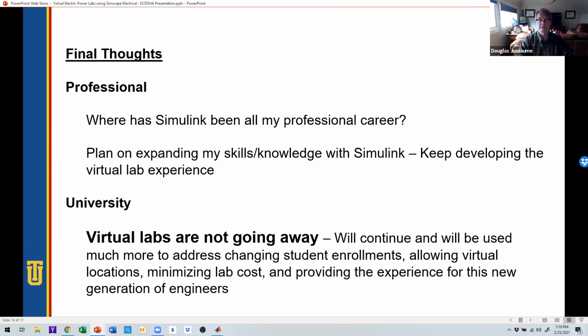It's been fascinating to see what can be done with Simulink, and I'm still very curious to see what other things I would like and can achieve. So I plan on continuing to expand my skills and knowledge with Simulink and working to develop a virtual lab experience. From a university standpoint, virtual labs are not going away.